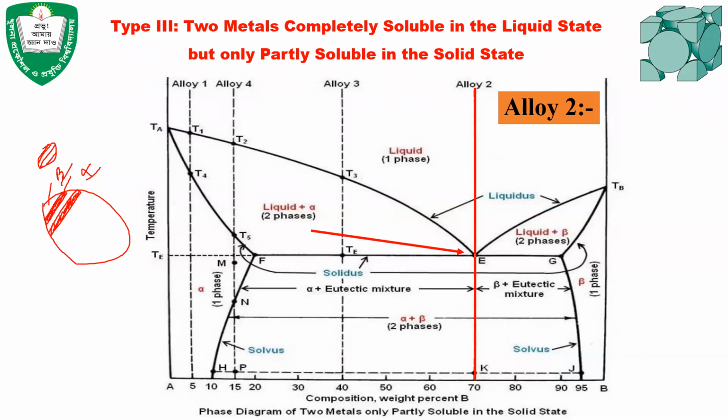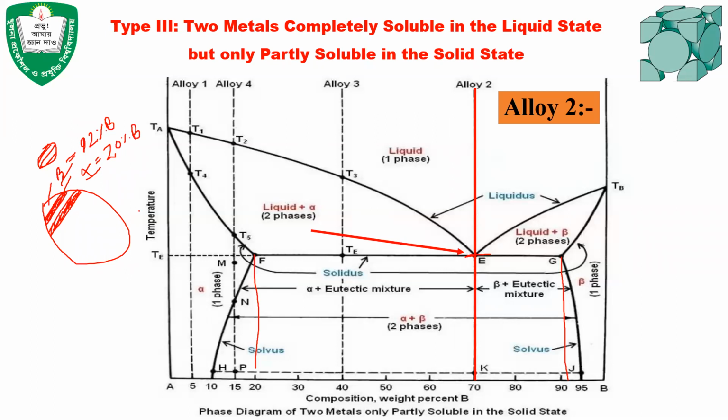That means at the eutectic temperature TE, alpha will have a composition of 20% B, and beta will have a composition of 92% B. So far, did you understand?